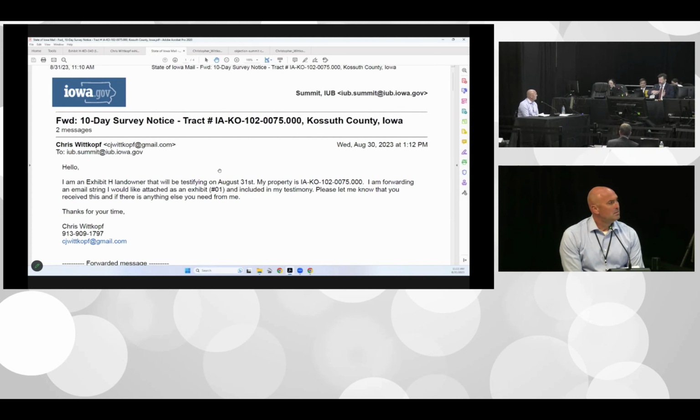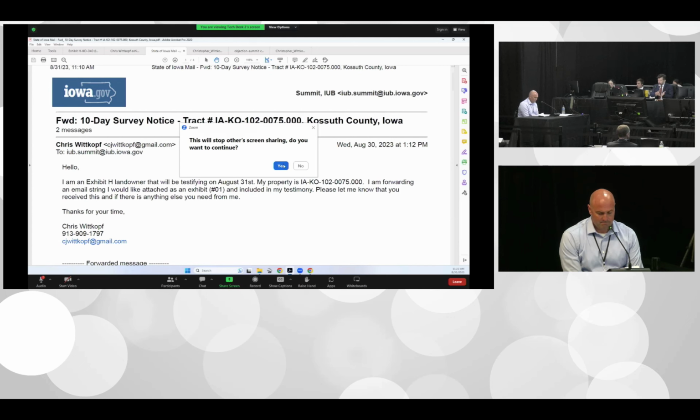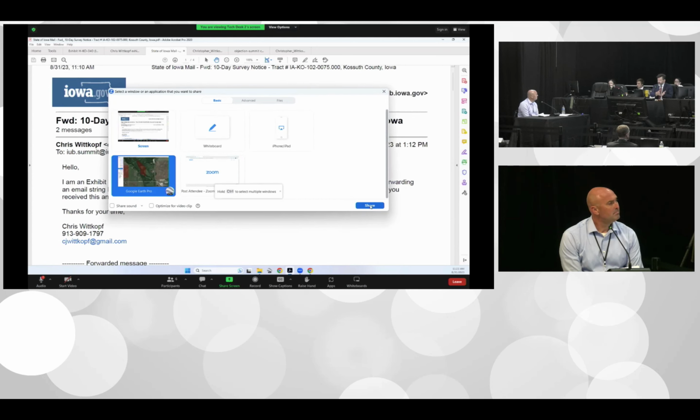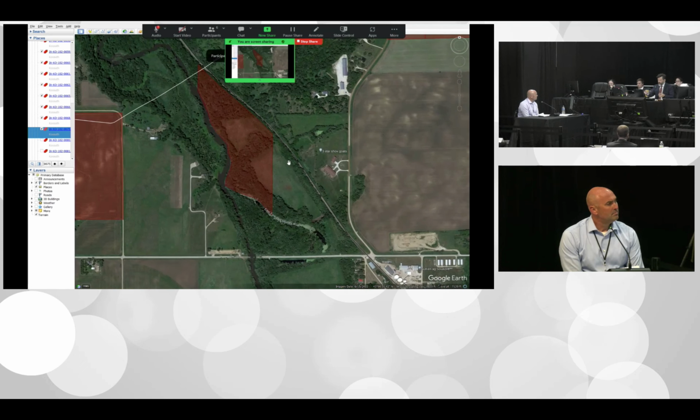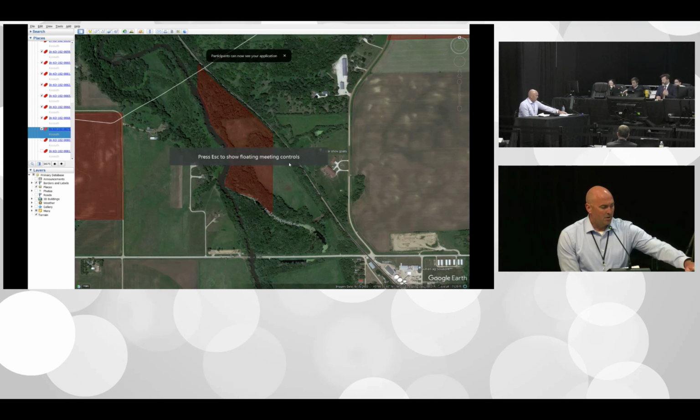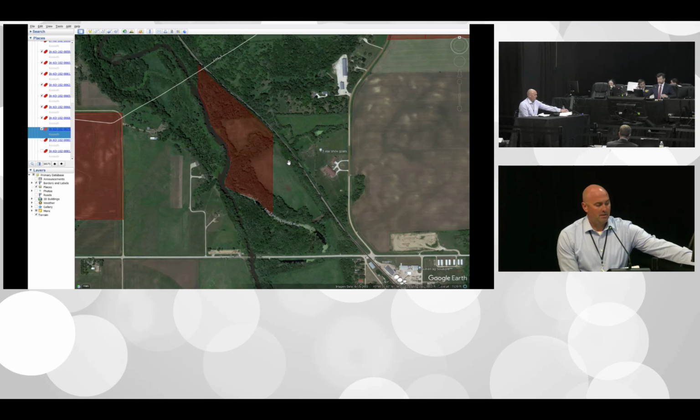I want to swing back to your property and have you give us an idea of what concerns you want to make sure are addressed in the record. Sure. To be clear, the one exhibit has very specific changes that would address our concerns over the easement.